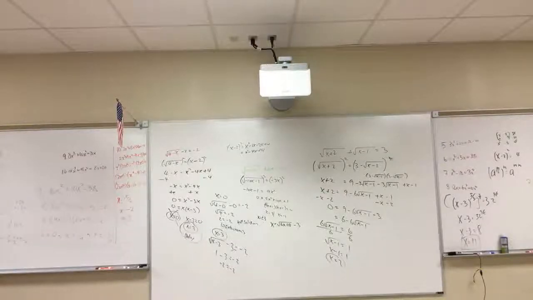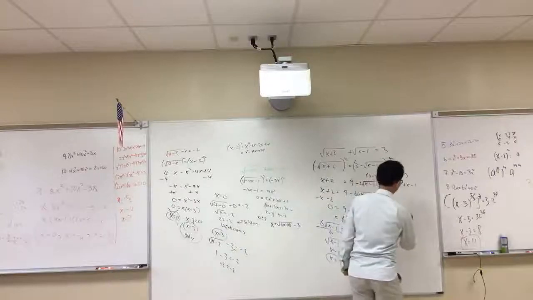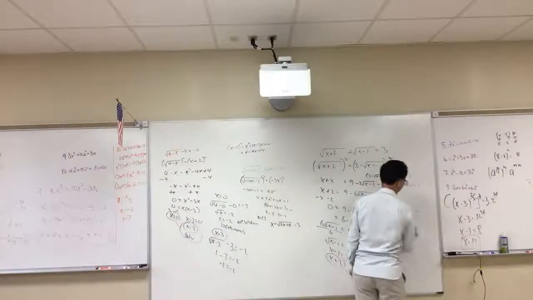Andrew, yes. I actually had a question about the problem. When you do 3 minus square root of x minus 1 squared, when you multiply square root of x minus 1 by square root of x minus 1, how does that work? Okay, good question. Square root of 3 times square root of 3, what will happen?